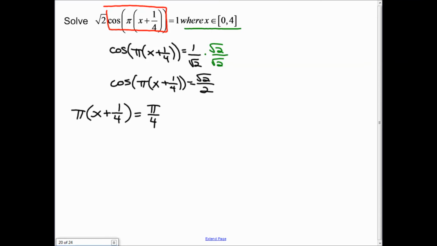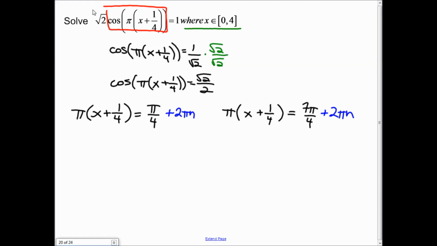And the other value where the cosine is root 2 over 2 is for pi times (x plus 1/4) is equal to 7 pi over 4. And again, we have to account for the multiple rotations of our unit circle, and so we'll have to add plus 2 pi n to each.